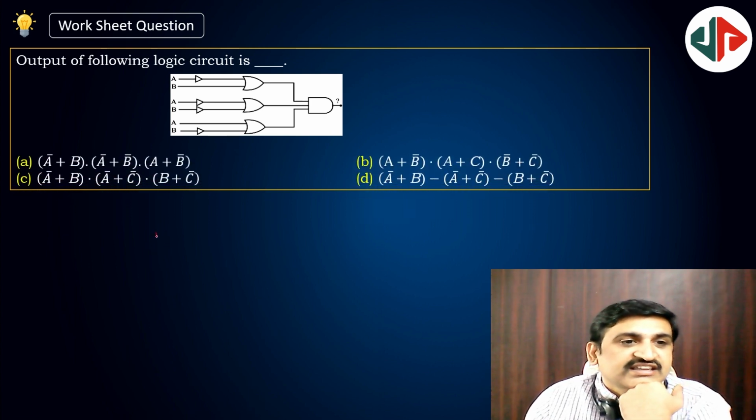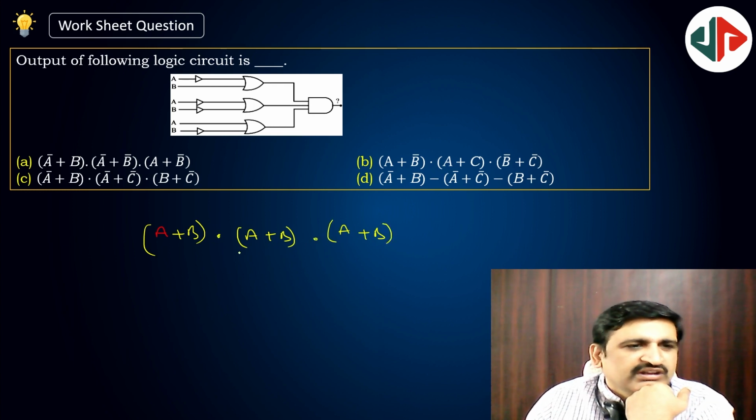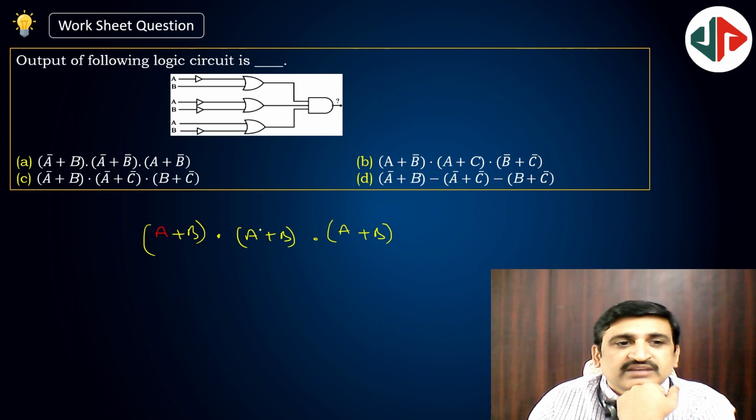Next, out of the following logic circuits, the first one is A plus B. The next one is A plus B, and the next one is A plus B. All are A plus B only. Maybe they have bubbles.